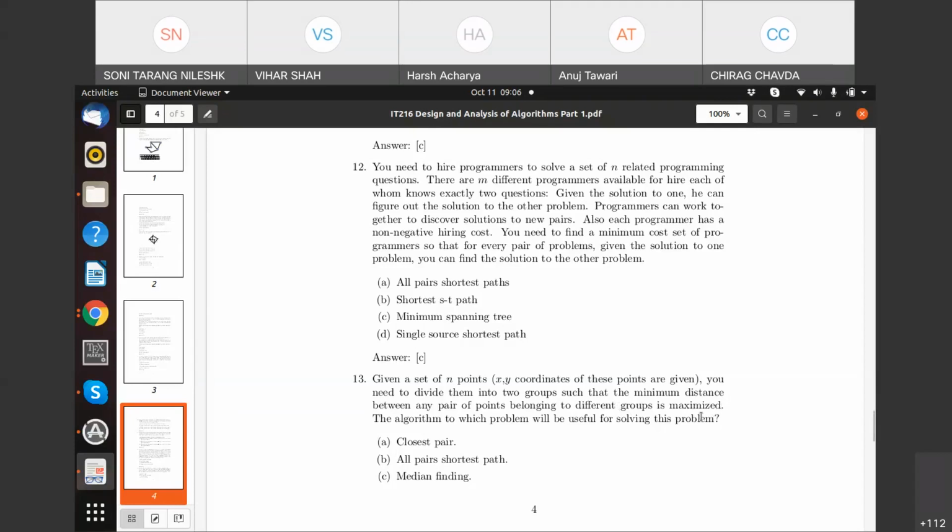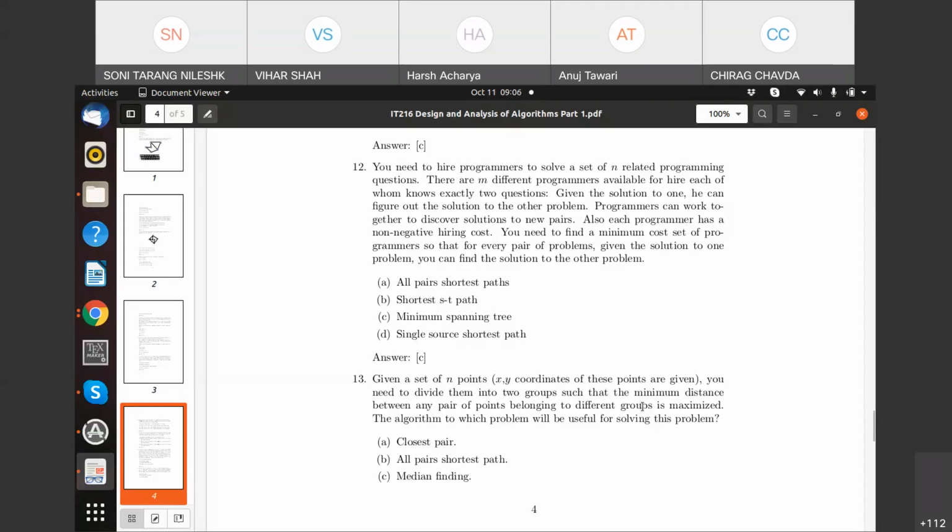Okay. So in fact, at this point, the minimum spanning tree should have struck you, because every time we compute a minimum spanning tree according to Prim's algorithm, we always pick the minimum edge weight crossing the cut. And so the first natural idea is we compute the minimum spanning tree and we want this minimum distance to be maximized.